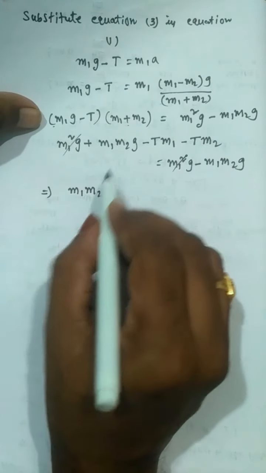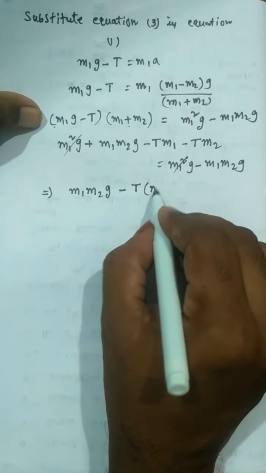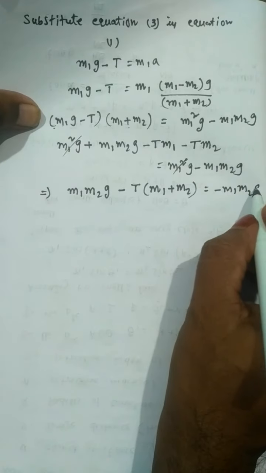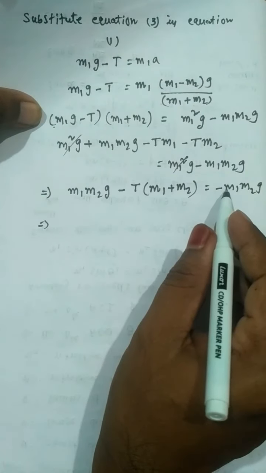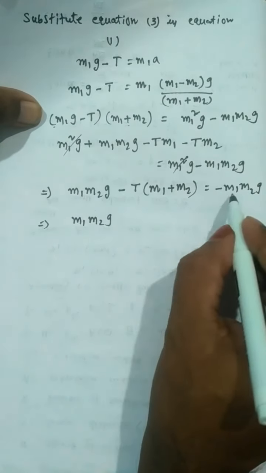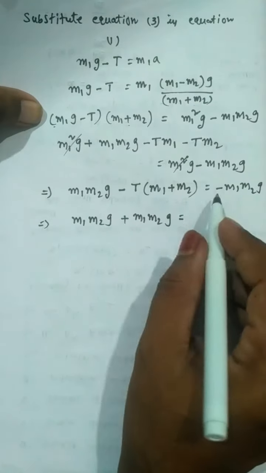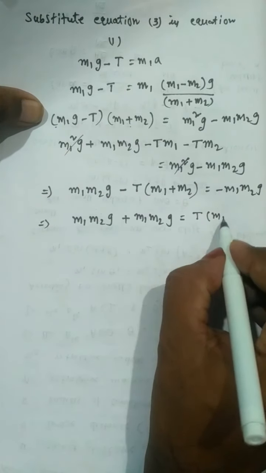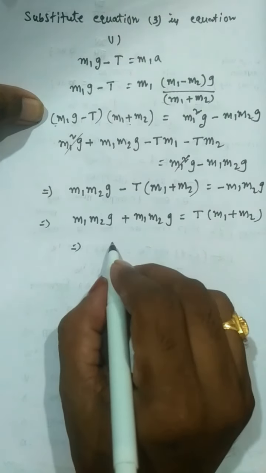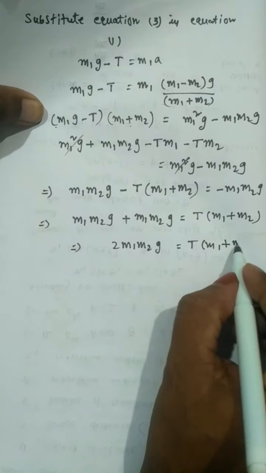That implies, taking minus T as common, minus T into (m1 plus m2) equals minus m1 m2 g minus m1 m2 g. Moving the terms across, we get 2 m1 m2 g equals T into (m1 plus m2).